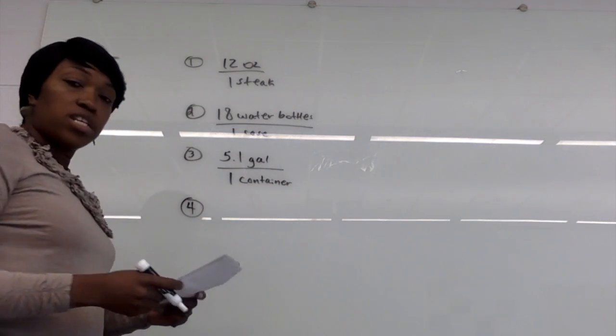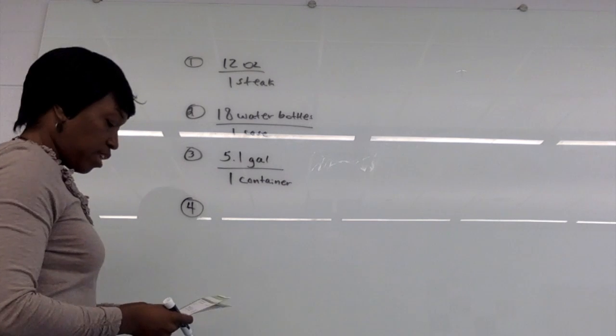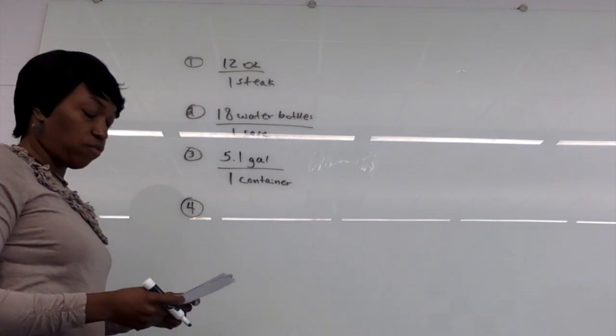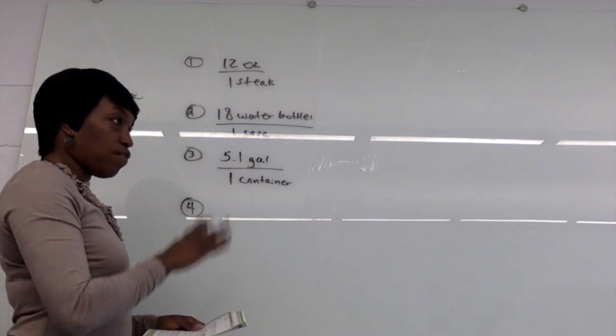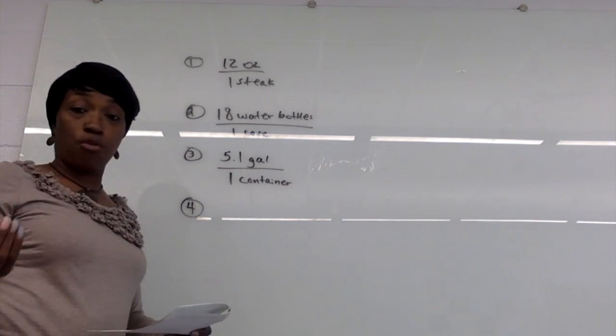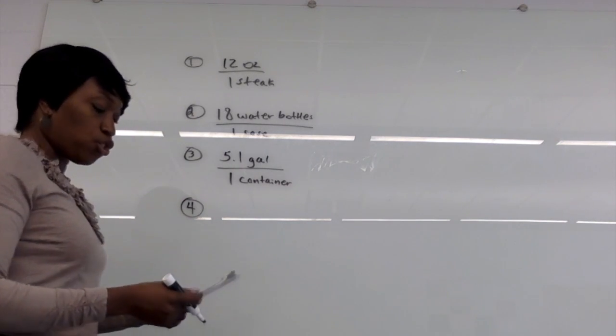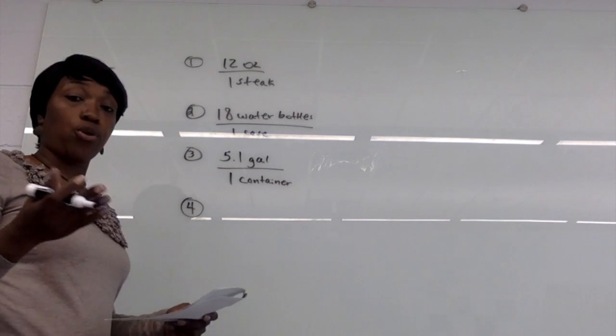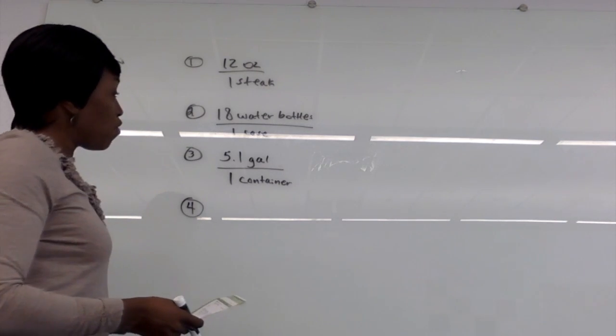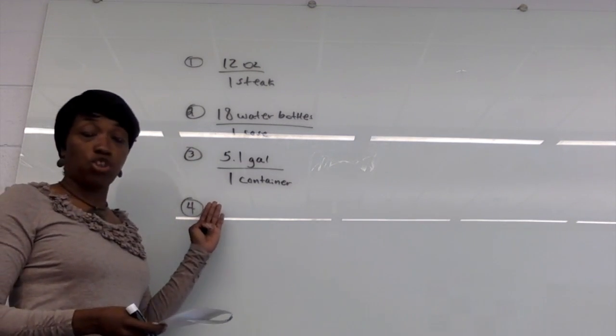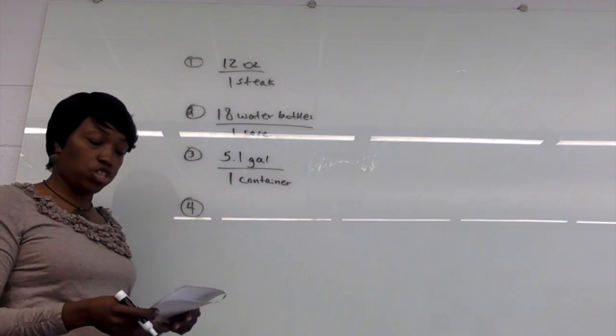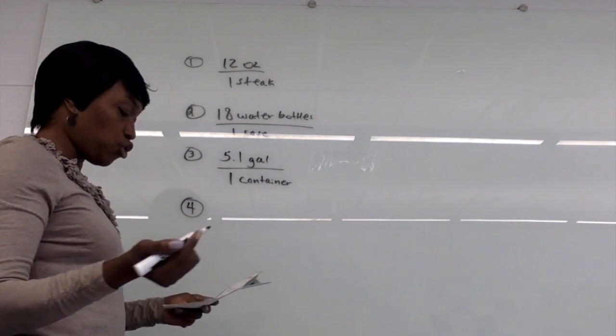Number 4, Central Subs made 27 sandwiches using 12 pounds of turkey. So they're giving you your sandwiches and they're giving you your pounds of turkey. How much turkey was used per sandwich? So remember, if you can't decide what goes in your numerator or denominator, read the question, look at what they're asking you. How much turkey?